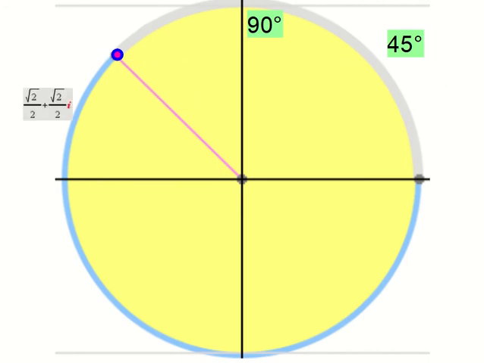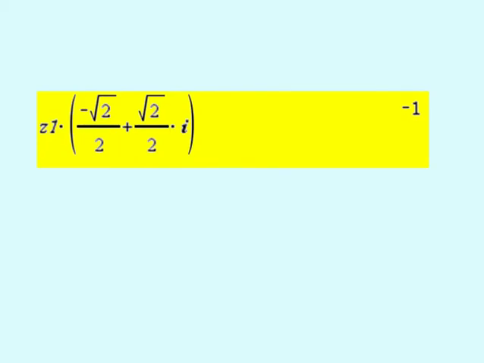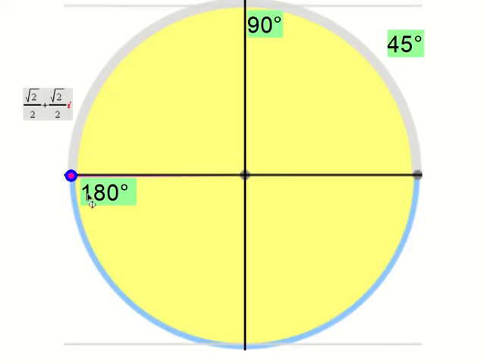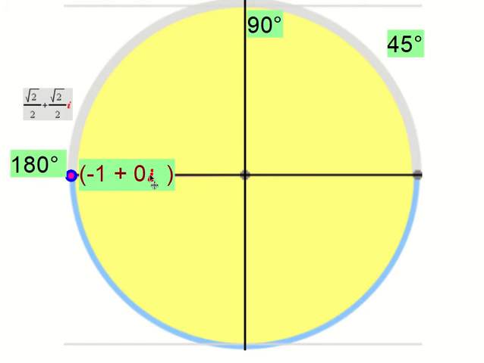Another 45 degrees gets me to the point 180 degrees, which is negative 1 plus 0i.